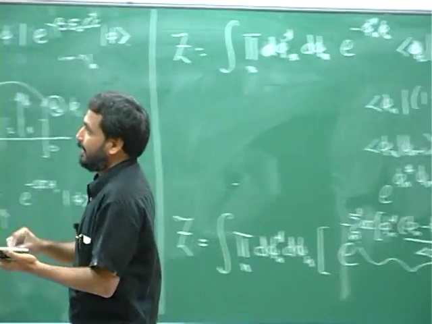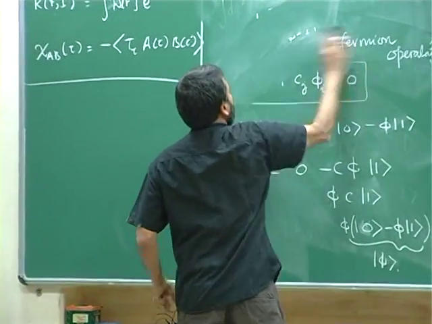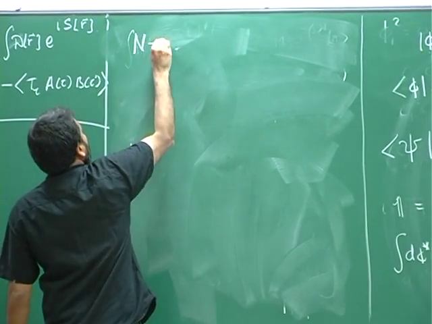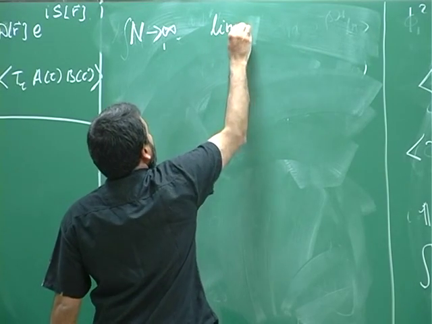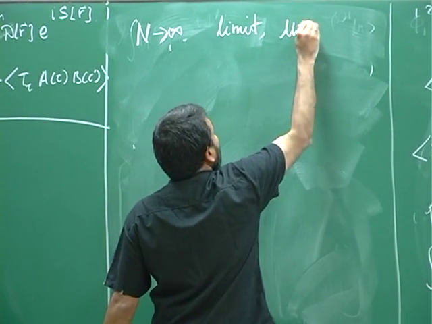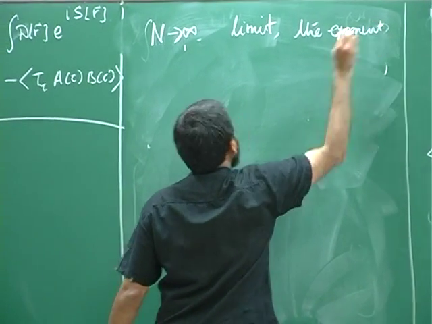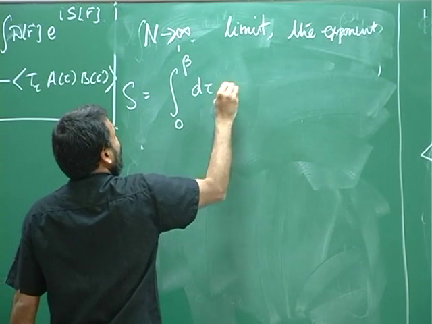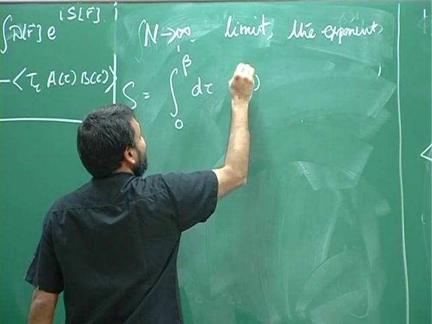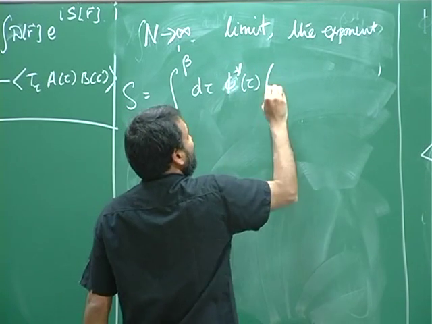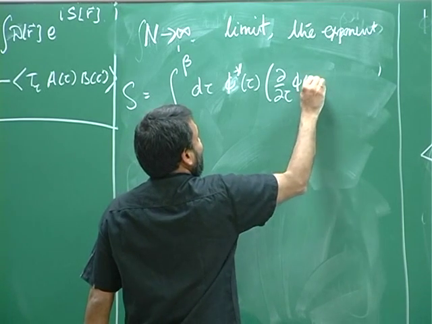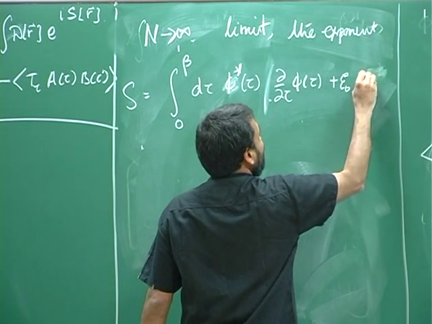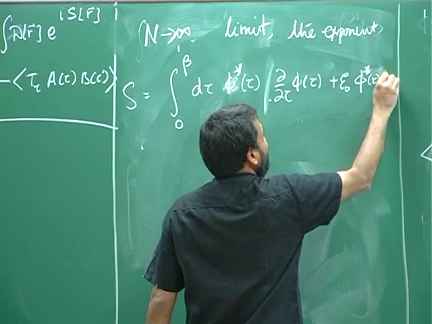Okay, let me just write it there. In the capital N going to infinity limit, the exponent is an integral from 0 to beta, let me call that S, d tau, phi star tau, d by d tau of phi tau, plus epsilon 0 phi star tau phi tau.